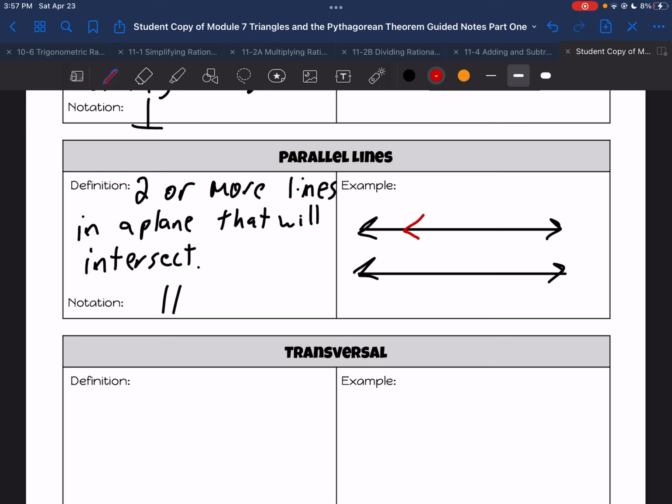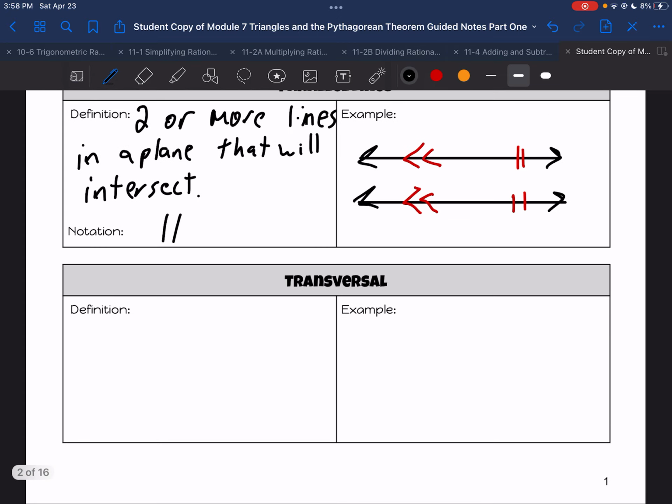You could either see like a little chevron, so a little arrow on it. That indicates they're parallel. Or you may just see like a little tick mark on the ones that are parallel. Sometimes if there are multiple sets of parallel lines, you may have two tick marks or two chevrons that'll show that those specific lines are parallel.